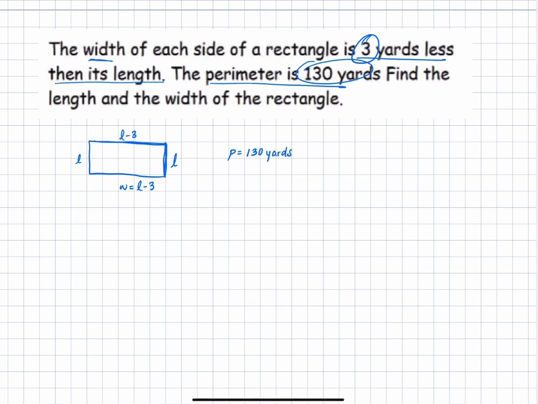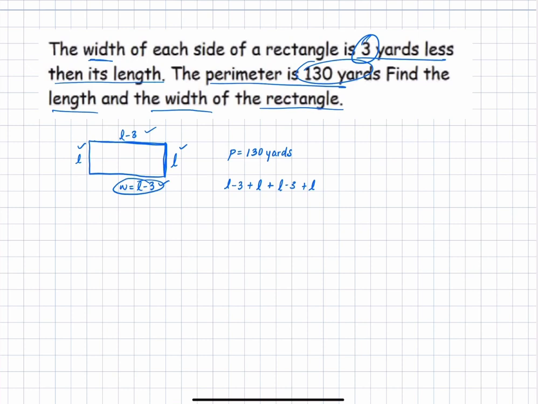So let's put this in equation form. We're trying to find the length and the width of the rectangle, similar to the previous problem. So L minus 3 plus L, plus L minus 3, plus L. I like to put tick marks or circle the side length that I have written in the equation just to keep track.